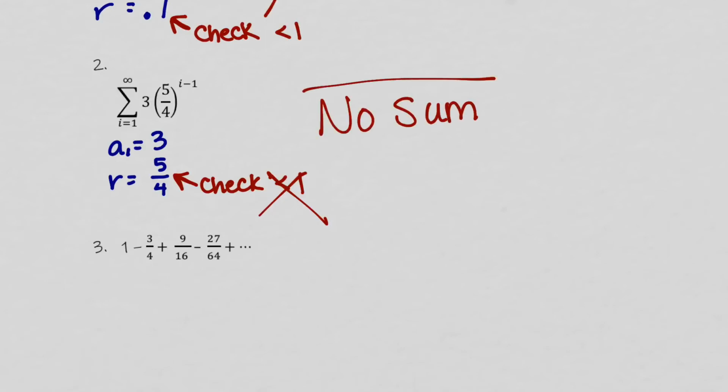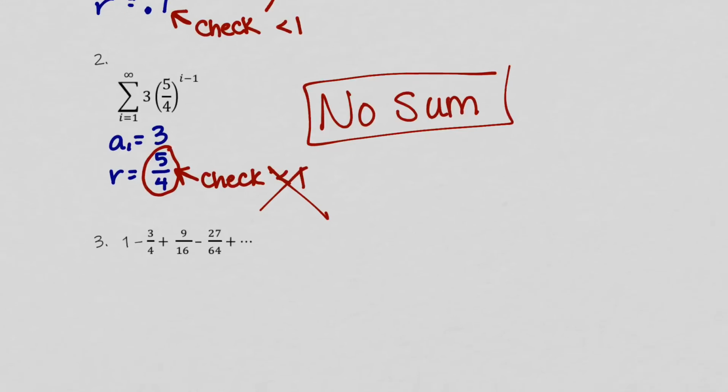I'm not even going to continue calculating. Okay? You can calculate, I mean, you will get a number, but it's not the true answer. So you have to check r before you use the formula, or you'll get an answer that's not actually the answer.